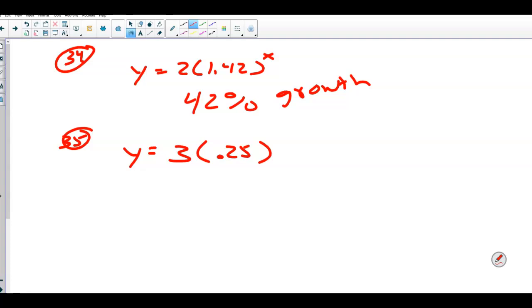What did I subtract from 1 to get to 0.25? Well, it had to be 0.75. So the rate of decay is 75%. Let me spell decay right, because that looks awful.